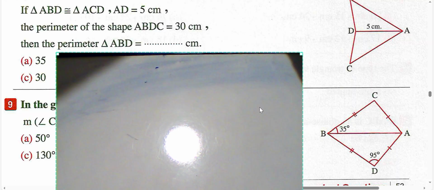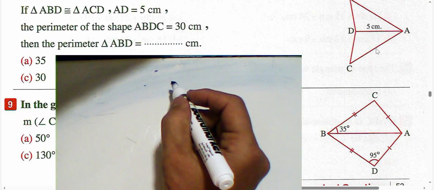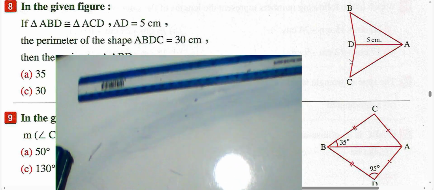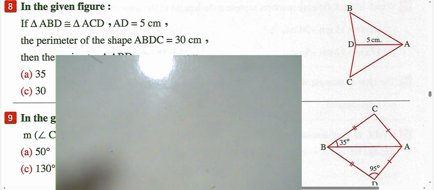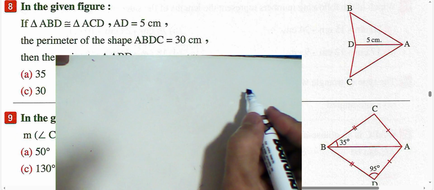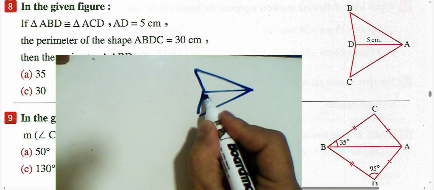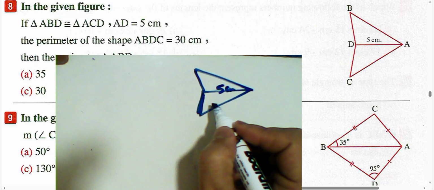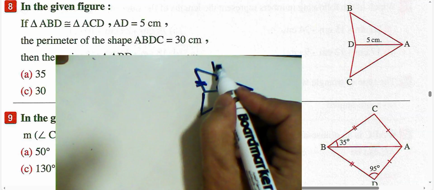Okay, I will explain again to understand the steps. Look here with me. We have this triangle, and I will draw it up and down. The two triangles are congruent. This side length is 5 centimeters, and this side plus this side will be 15.